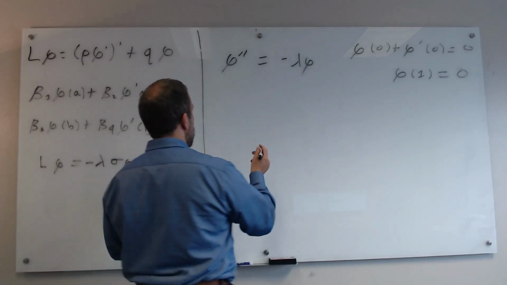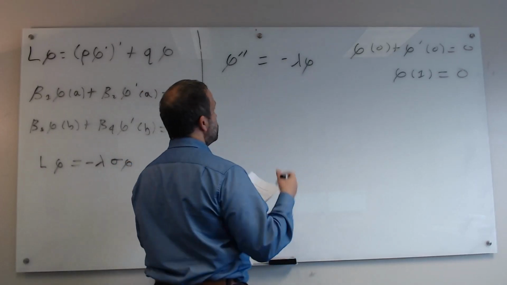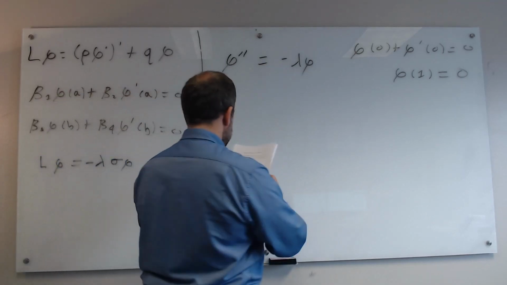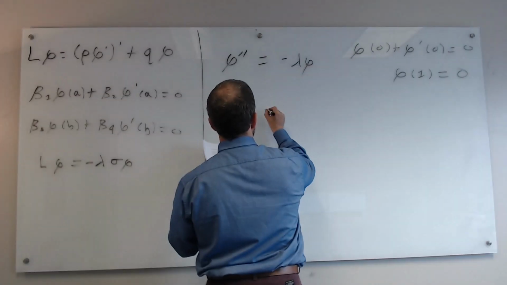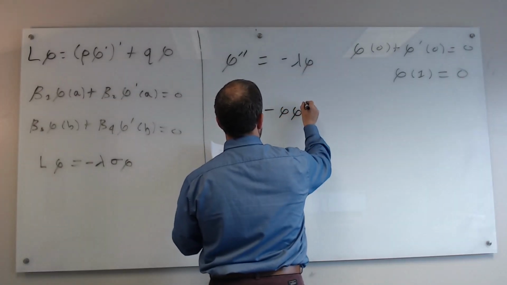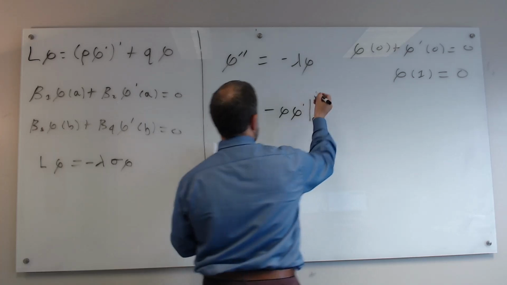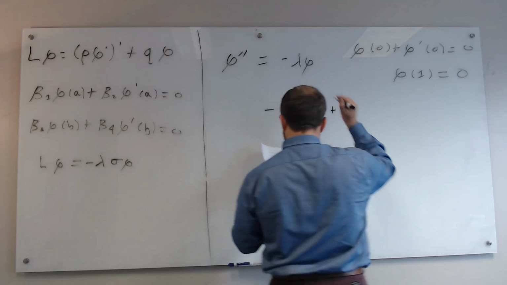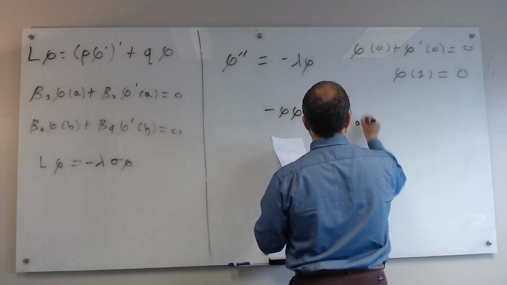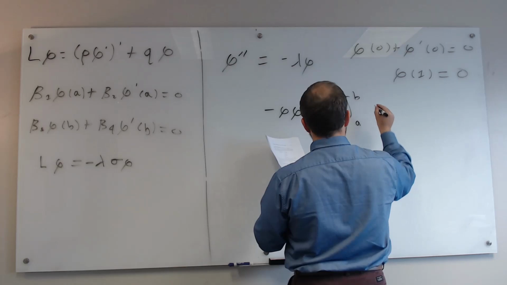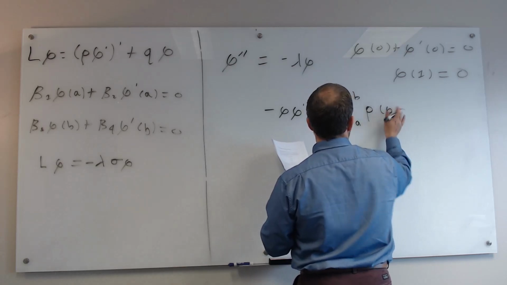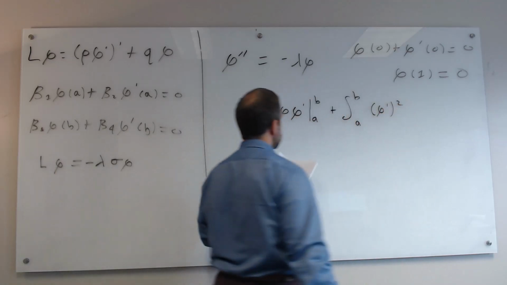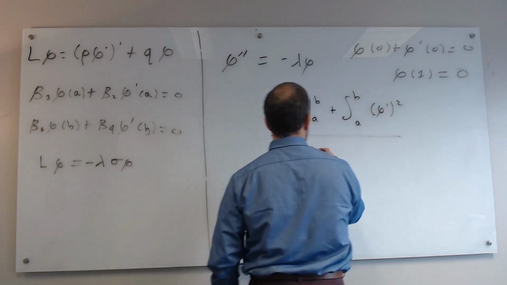If we think about the Rayleigh quotient for this problem, P is equal to 1, Q is equal to 0, sigma is equal to 1. So we're going to have something like this, minus phi phi prime, evaluated from A to B, and then plus the integral from A to B of P, which is 1, so just phi prime squared, and then divided by the integral of phi squared.